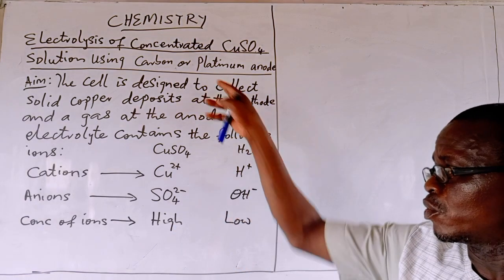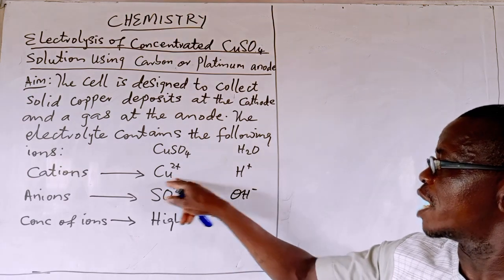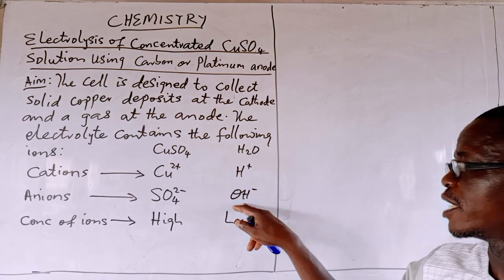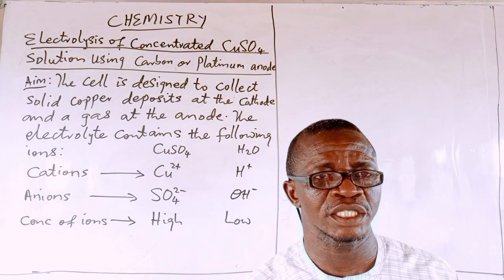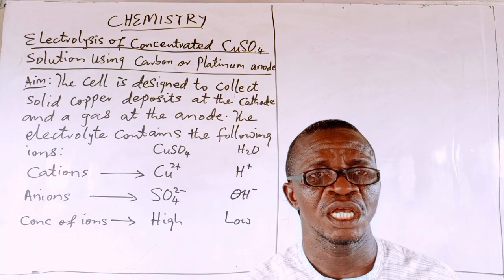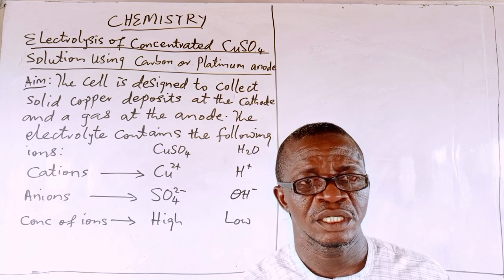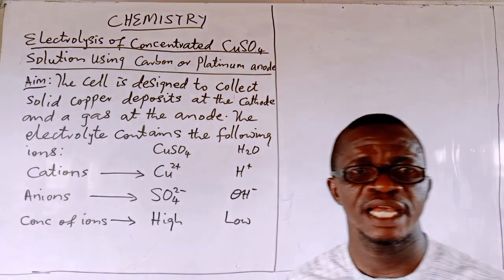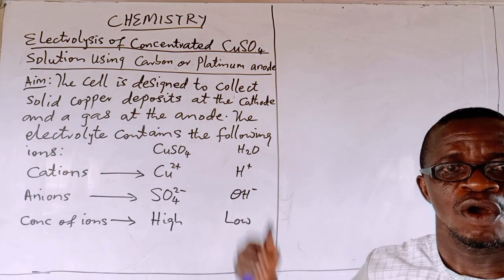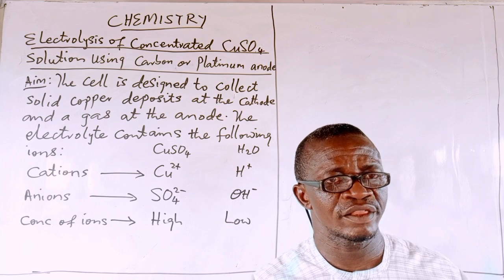So when you know those two, you can now consider their positions in the electrochemical series, which I have taught you before in one of the classes I treated before today. So go back there and check what I said. Watch the video on what I said about the position of ions on the electrochemical series. They are there.